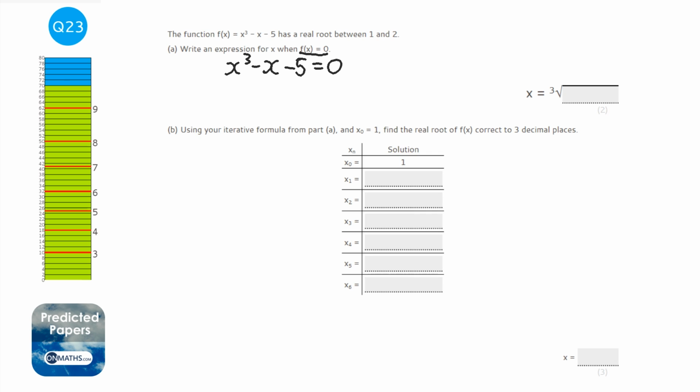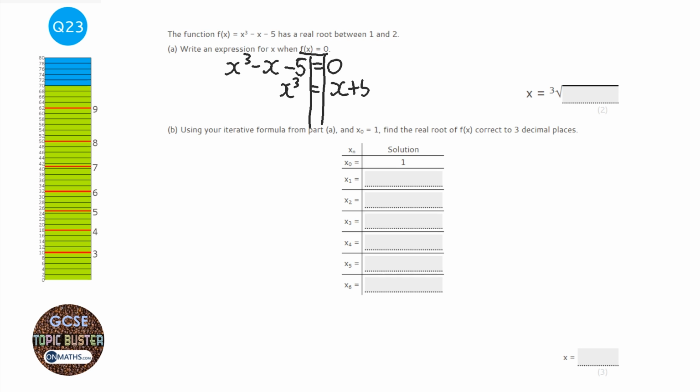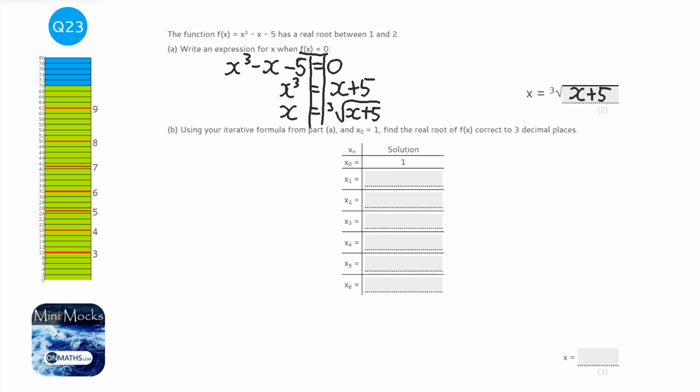So we know that we're going to have x cubed equals something, and then we're going to cube root both sides. So I'm going to just put my lines down, and we're going to add x and add 5 both sides. And we're just going to cube root both sides. So our iteration formula is going to be the cube root of x plus 5.